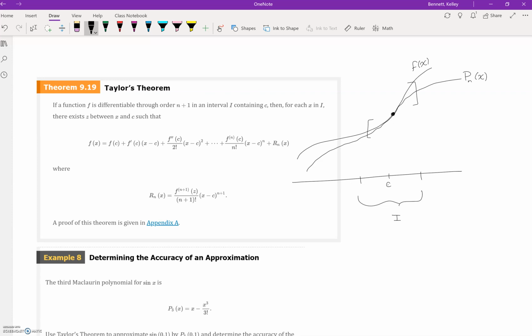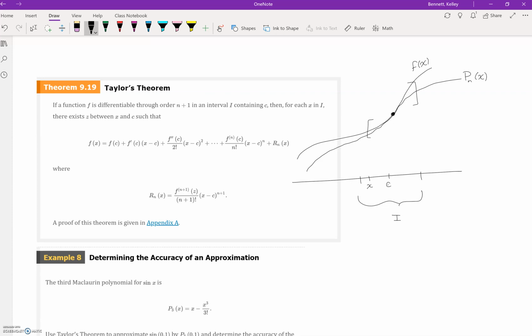So for any value x in this interval, let's say maybe x is right here, the remainder, r sub n of x, is equal to this expression here: the n plus 1th derivative of the function evaluated at z over n plus 1 factorial times x minus c to the n plus 1. So where is that z?